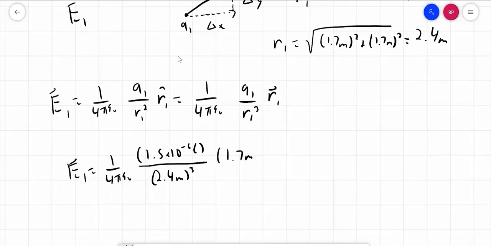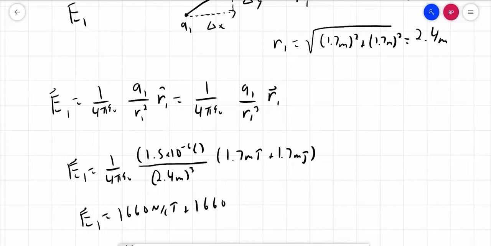We found it to be 1.7 in the X and 1.7 in the Y. Because of the symmetry here, this is going to be the same in the X and the Y, but in general, that won't be the case. So if you calculate this, the electric field is 1,660 newtons per coulomb in the X direction, plus 1,660 newtons per coulomb in the Y direction.